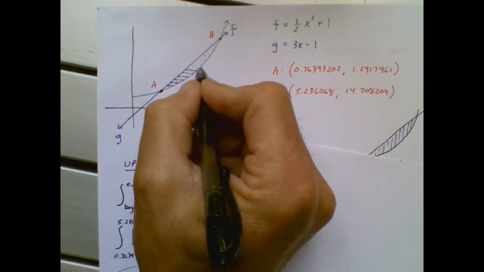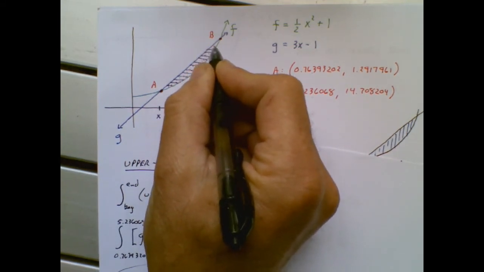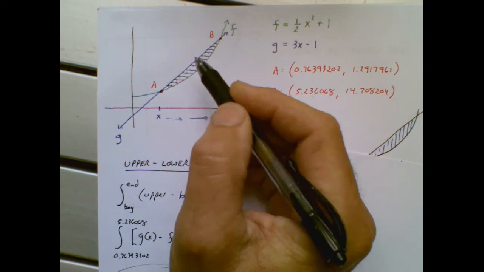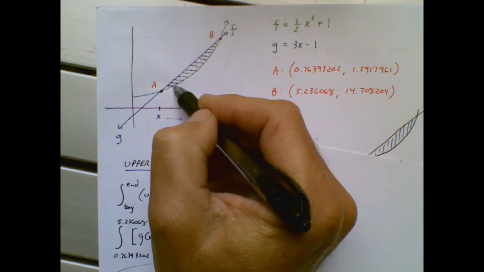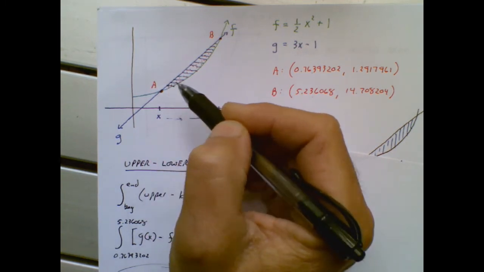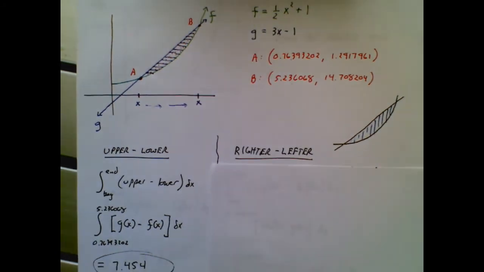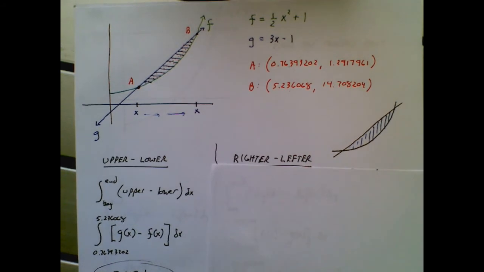If I keep doing that, you'll notice that as I go through the entire region, every single stripe was able to originate on the right-hand side on one function, in that case function f, and on the left-hand side, function g. So I could do this as blind faith in righter minus lefter as well as upper minus lower.